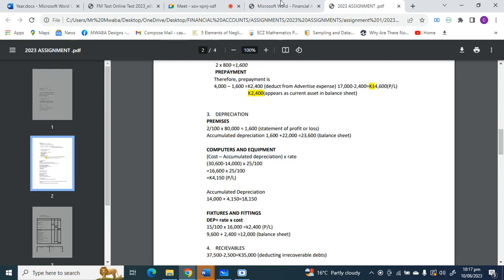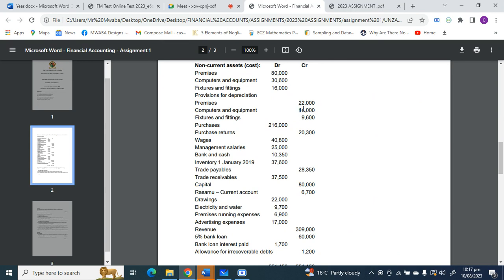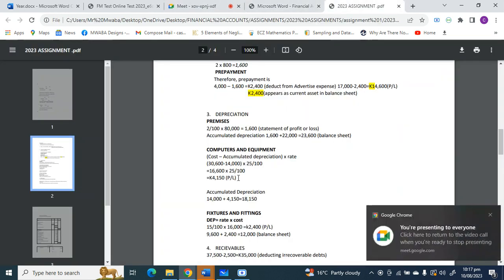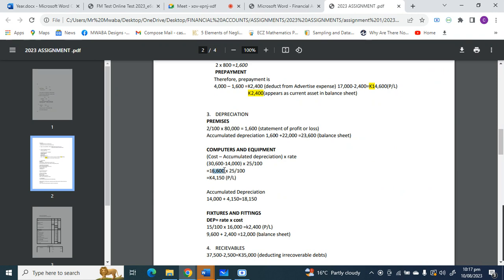The accumulated depreciation, 14,000. So 36,600 minus 14,000 is 22,600. All right. This is basically the value of this asset at the beginning of the year.